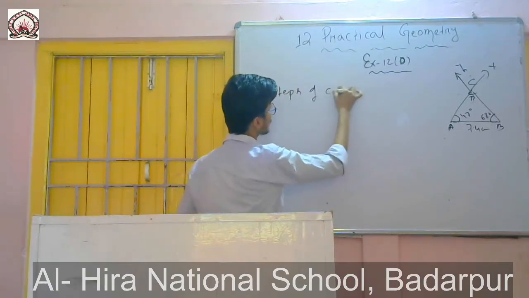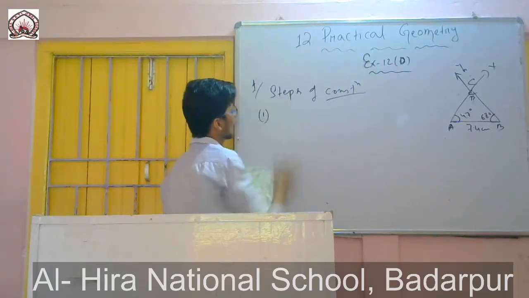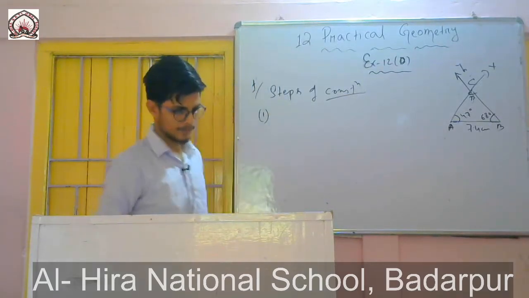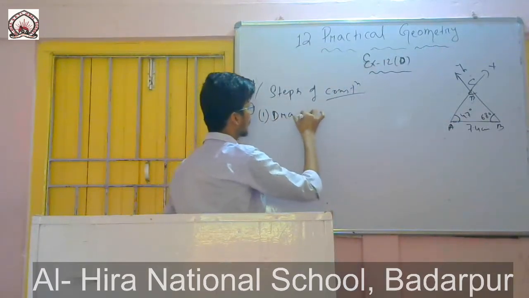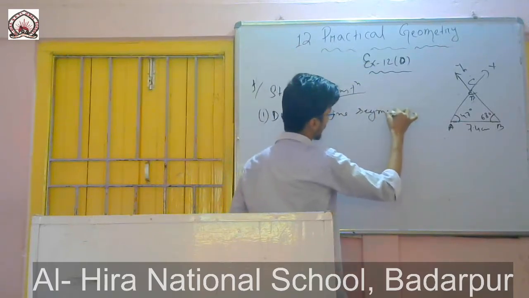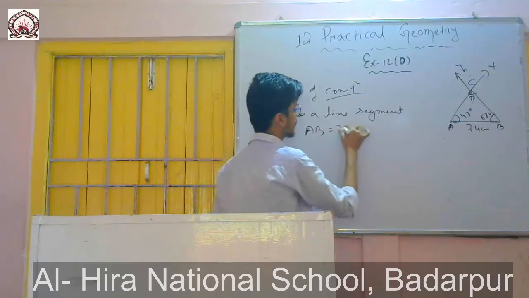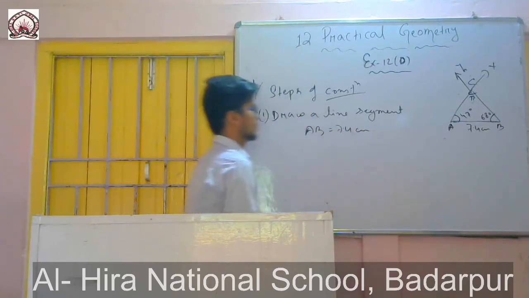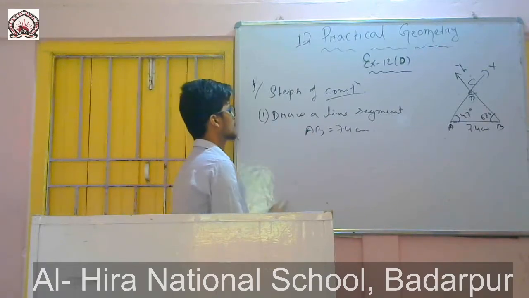Steps of construction. Point number 1, first of all what we did, we draw a line segment. So I will write, draw a line segment AB of length 7.4 centimeter.